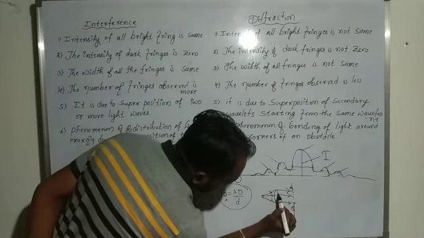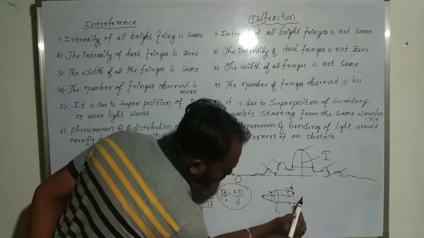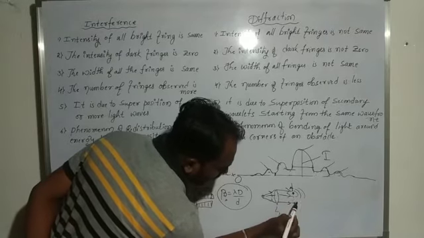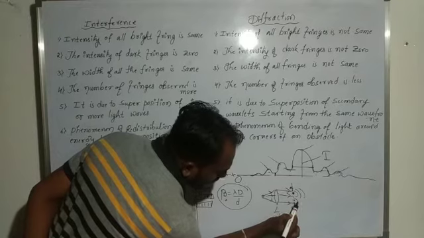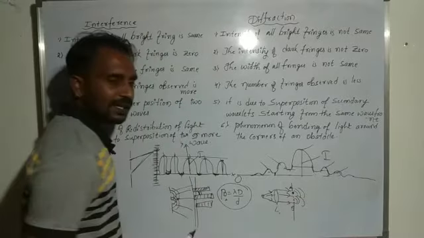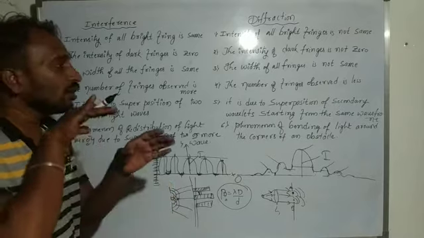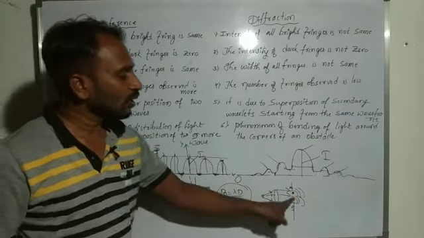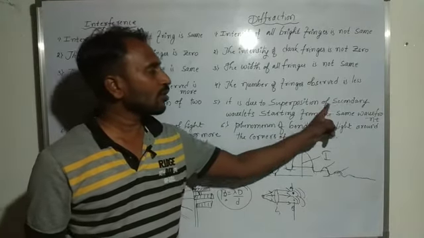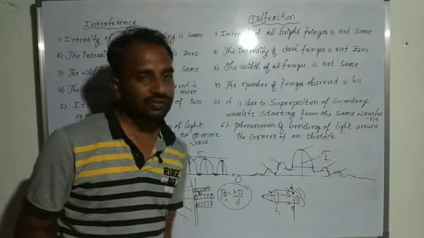When light rays are incident on this slit, at one fresh point we get secondary wavelets. Another point here, again we get secondary wavelets. Another point here. It means a number of secondary wavelets are superimposed, and then we get dark and bright fringes on a screen. So for this reason, it is due to superposition of secondary wavelets starting from the same wavefront.